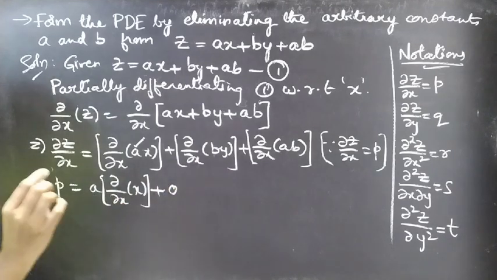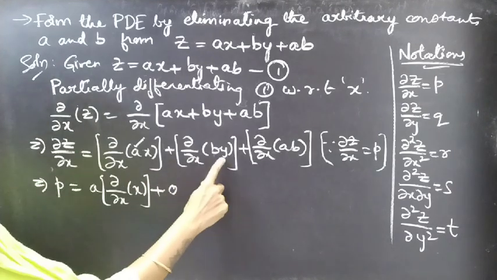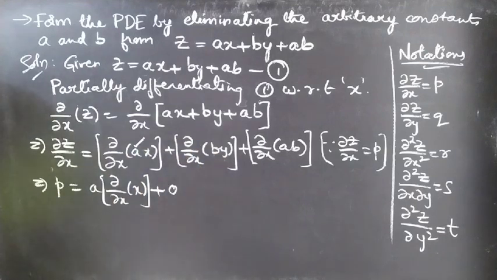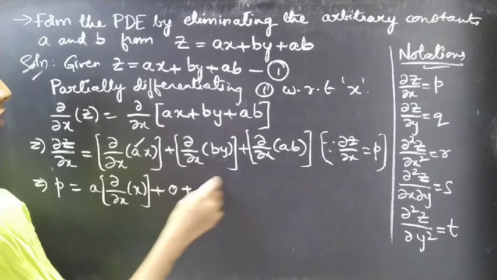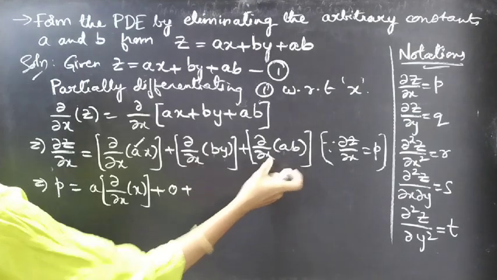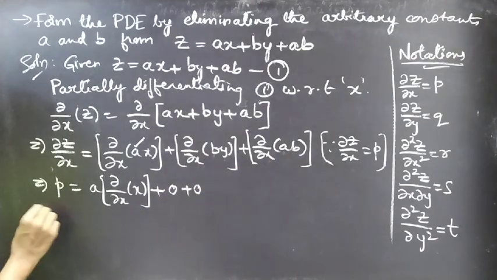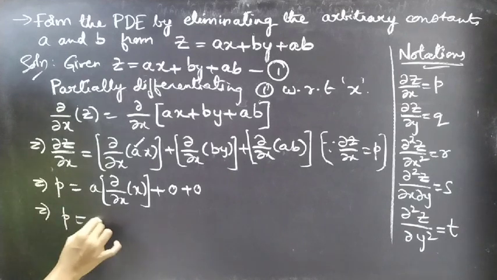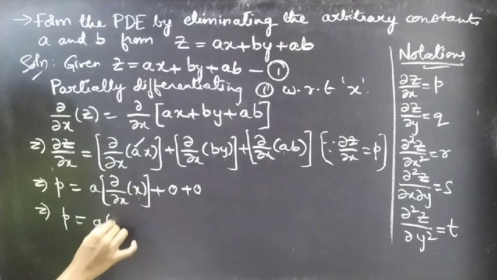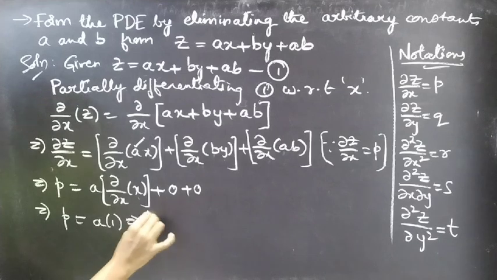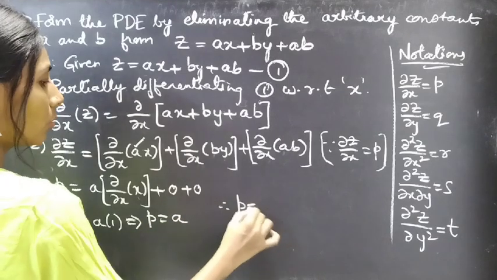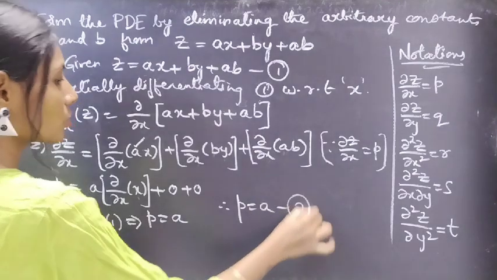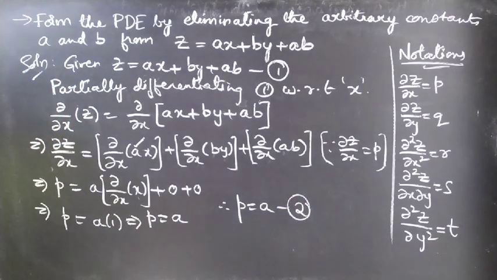Since we are finding partial derivative with respect to x, y will be treated as a constant. So partial derivative of constant with respect to x will be 0, plus partial derivative again of constant with respect to x is 0, which gives us p equal to a into partial derivative of x with respect to x is 1. From this we'll get p equal to a. Therefore p equal to a, consider as some equation number 2.